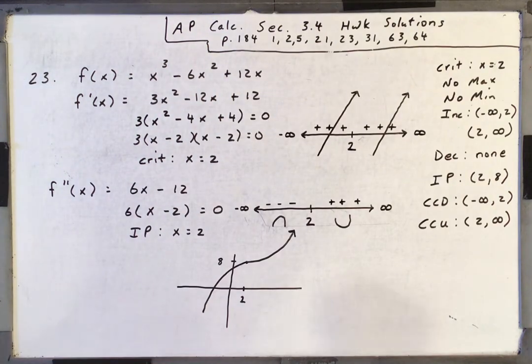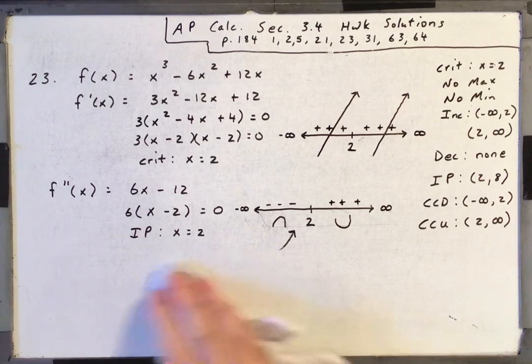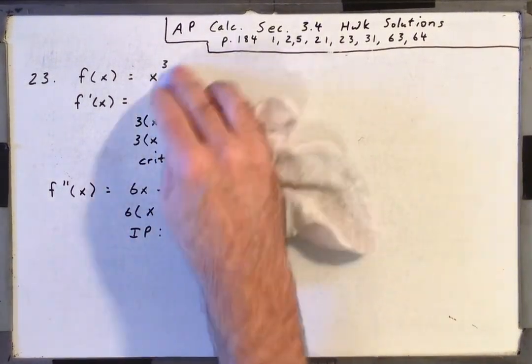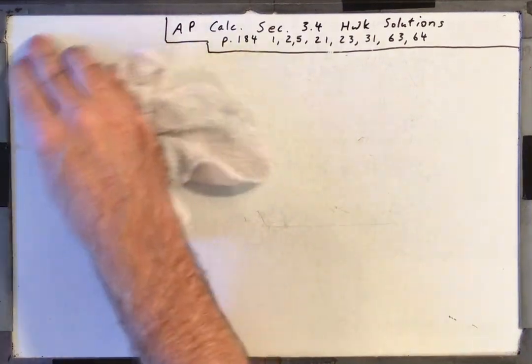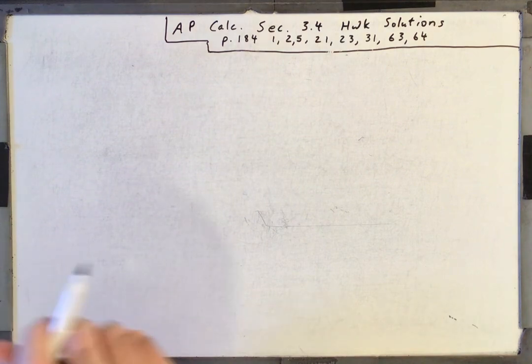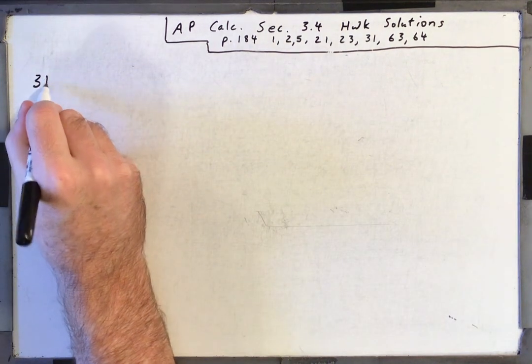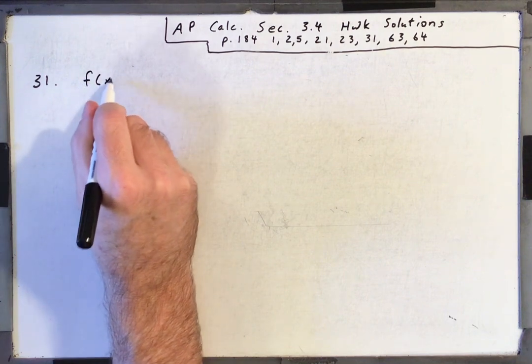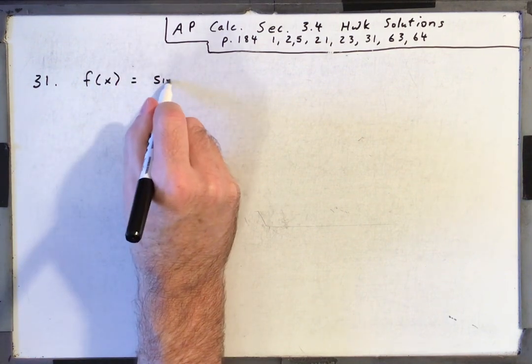Okay, let's do 31. 31 is a trig one, so you'll want your unit circle handy. So we have f of x is equal to the sine of x over 2.